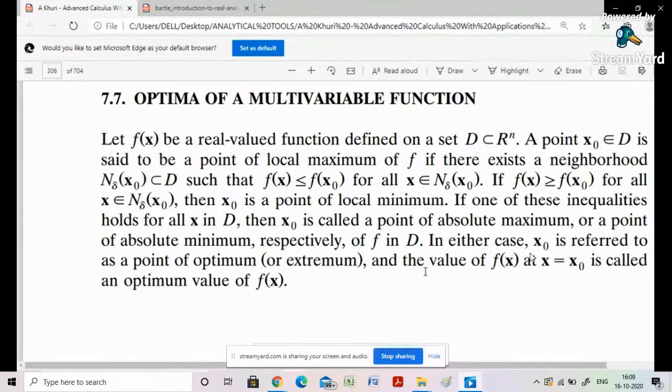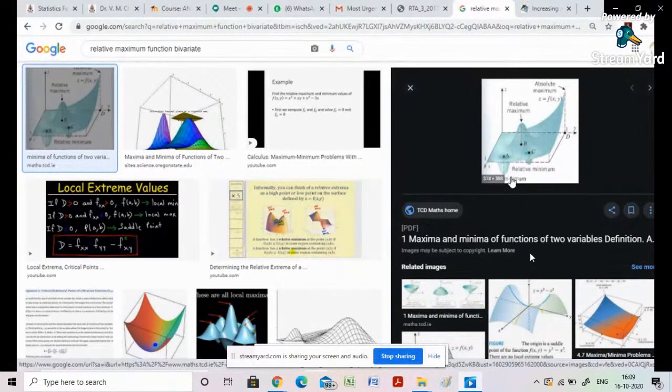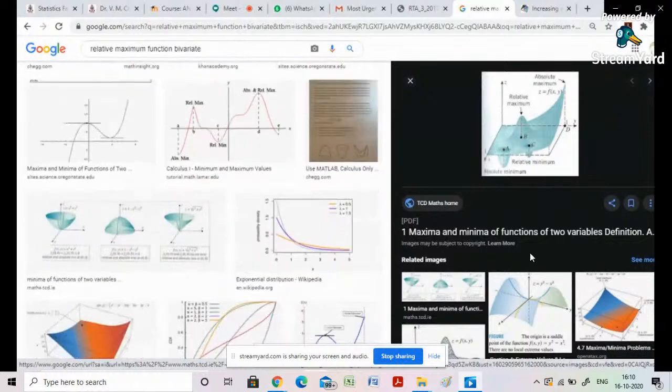Similarly, if f of x is greater than or equal to f of x naught for all x belongs to N delta of x naught, then x naught is a point of local minimum. Okay, local minimum, you can see, yes, this point is a local minimum. Let us search for another example. Here we can see local minimum.